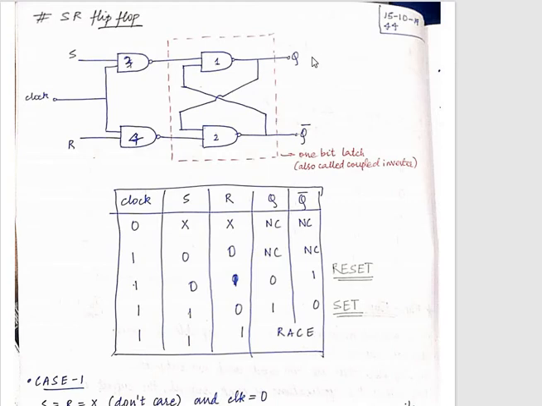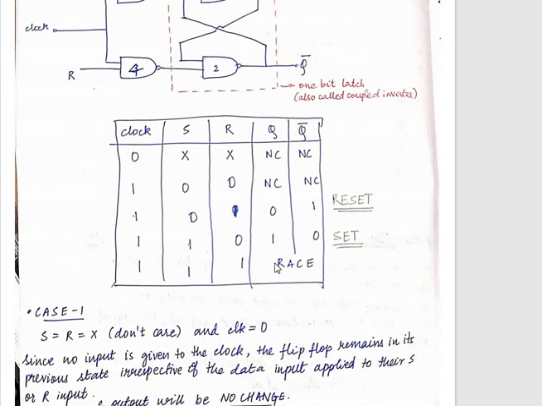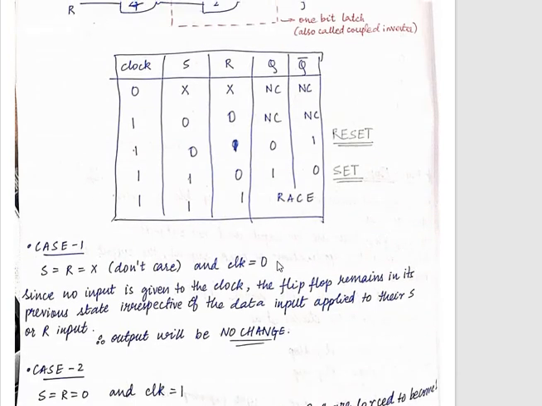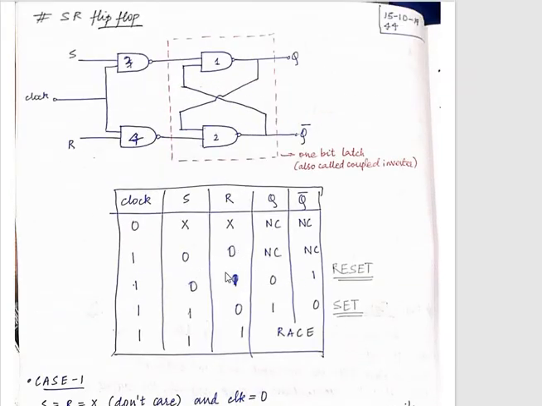So let us assume that, and when this type of case happens, let us have a look in detail in the next part. So just for remembrance, when S and R are 0, there will be no change in the output state, that is Q and Q bar will be in their earlier state.